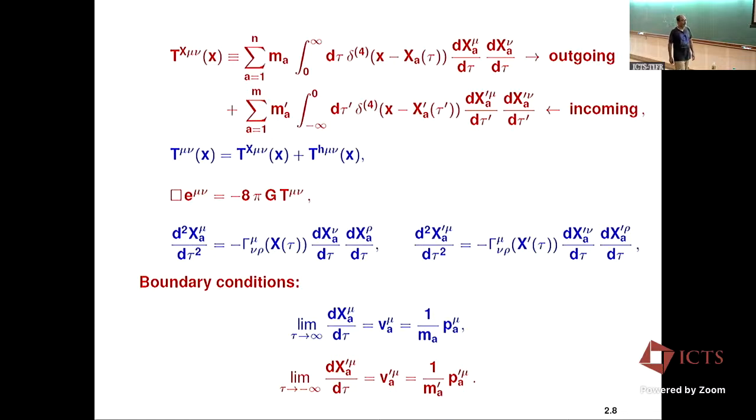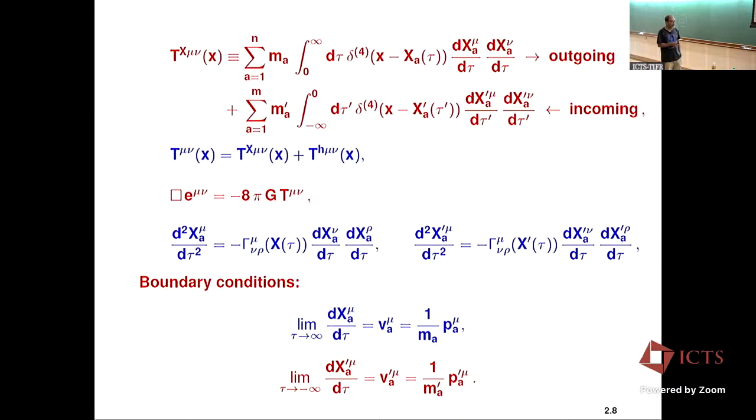So normally in a classical problem, which is a time dependent problem, the way we set up the problem is we specify the initial value of all the fields, all the particles, and then evolve with time using the equations of motion. Here we are not doing that.